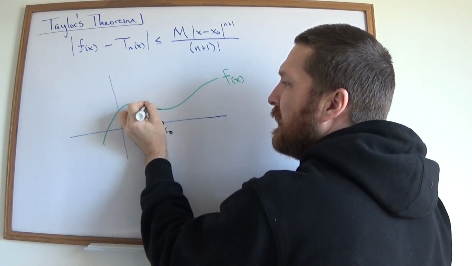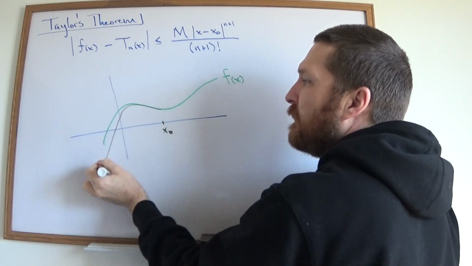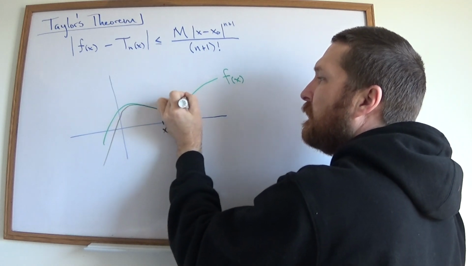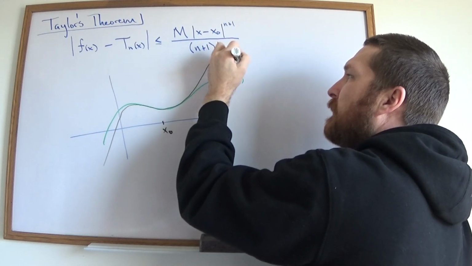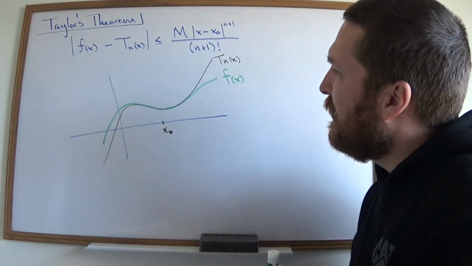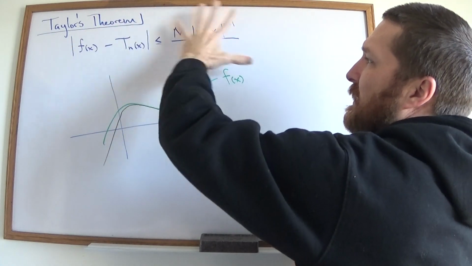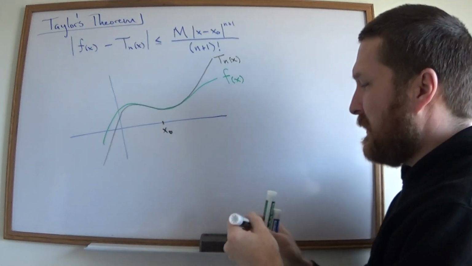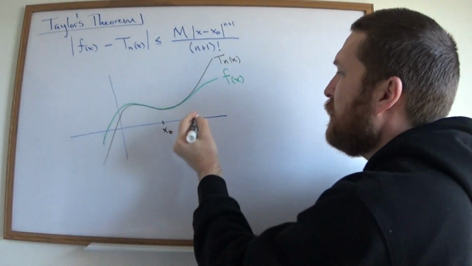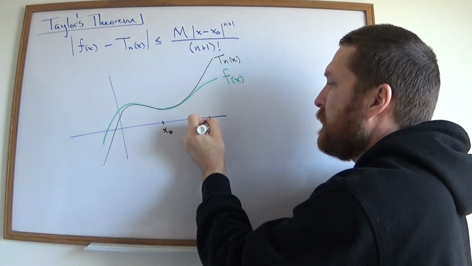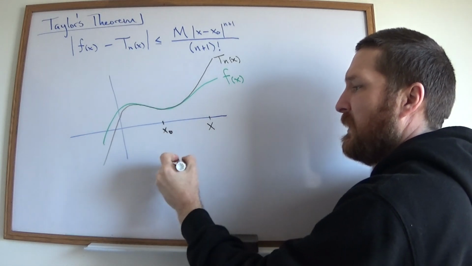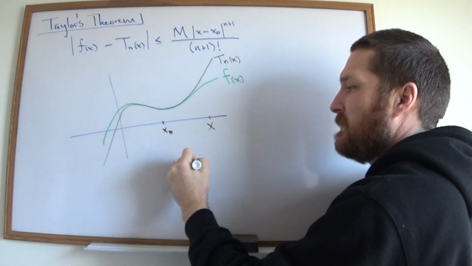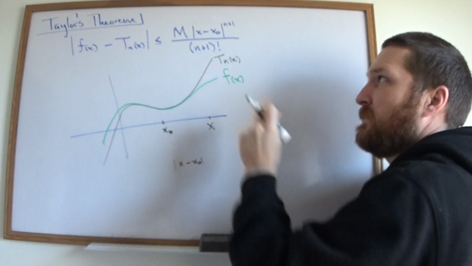And what this says is we have some kind of Taylor polynomial here. Here's the nth Taylor approximation. If you are at some value x here, then this distance from here to here is x minus x0 in absolute value.